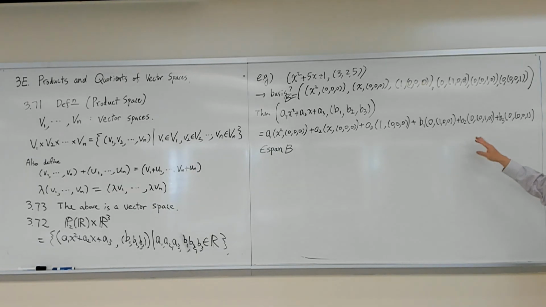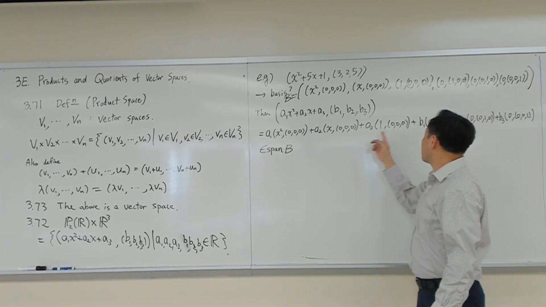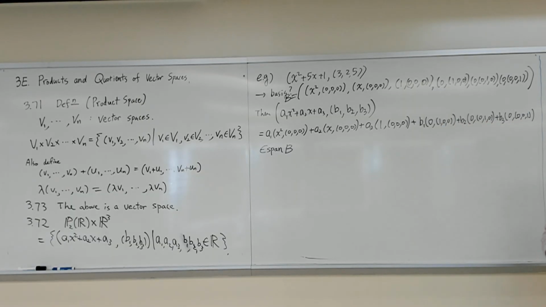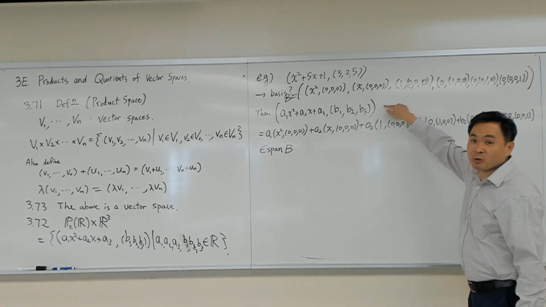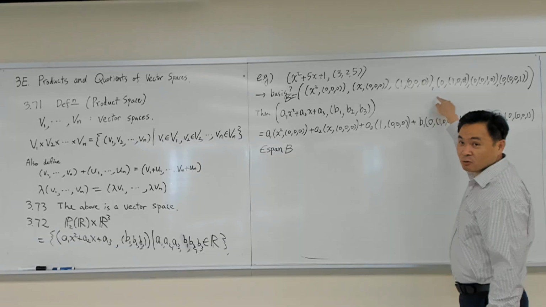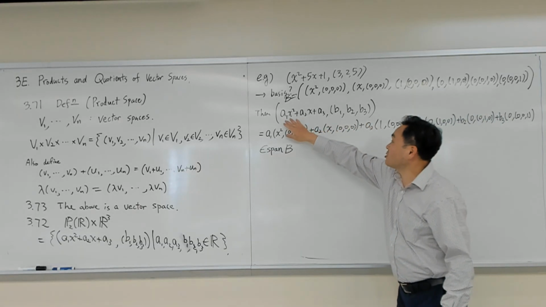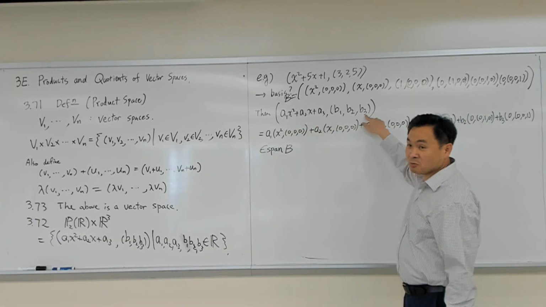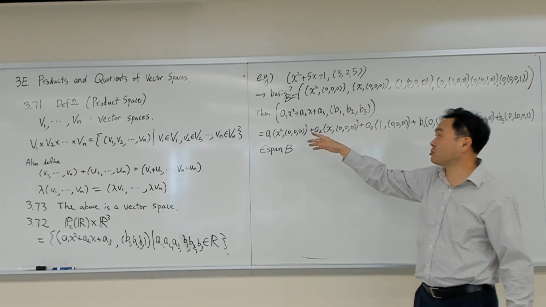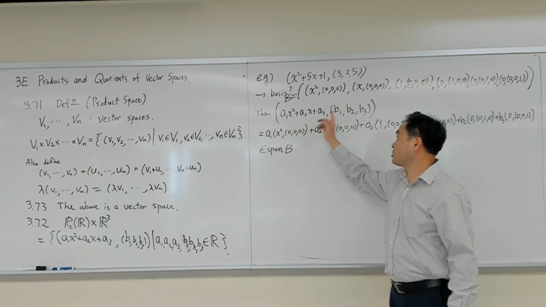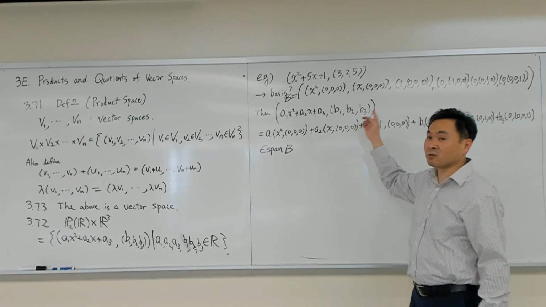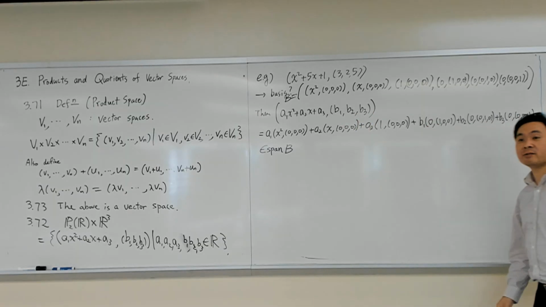And then the next thing is to show that if this linear combination is equal to 0, each A1, A2, A3, B1, B2, B3 is 0, but that's also pretty straightforward because if you rewrite this into this form and require that that's equal to 0, comma 0, 0, 0, then this has to be equal to the 0 polynomial, this has to be equal to 0, 0, 0, so you're forced to say A1 is 0, A2 is 0, A3 is 0, B1 is 0, B2 is 0, B3 is 0, and you're done, okay?